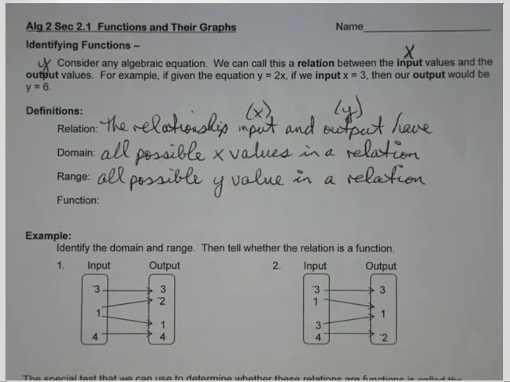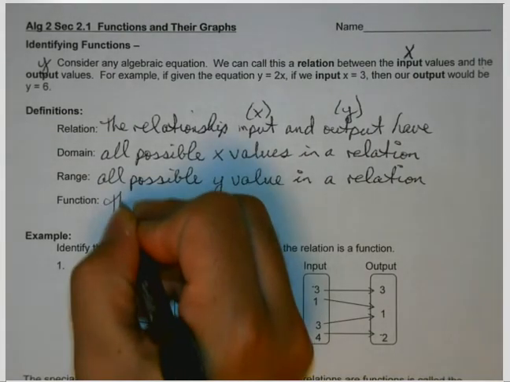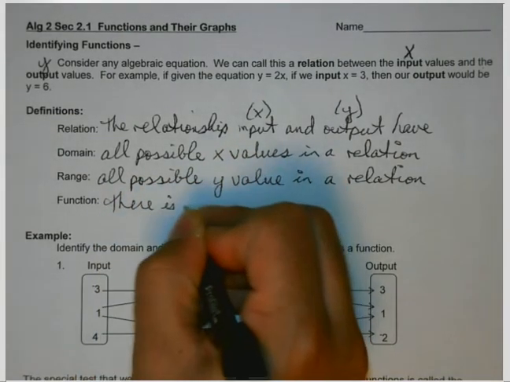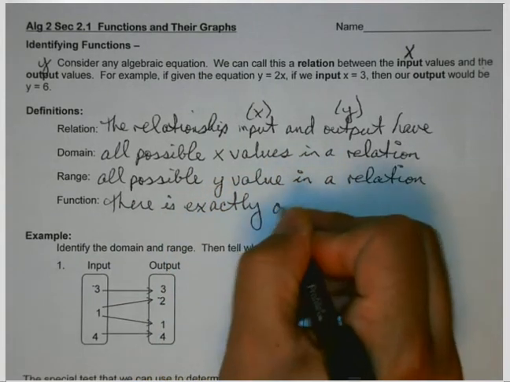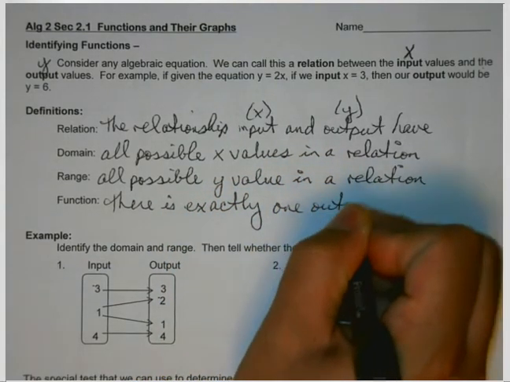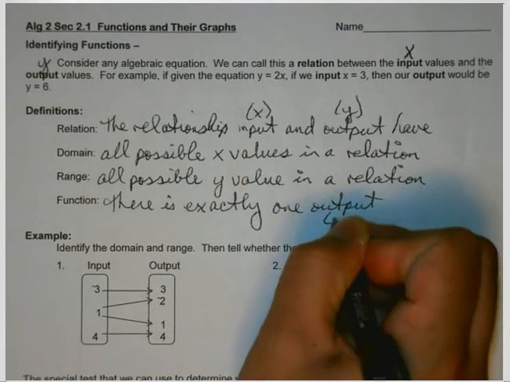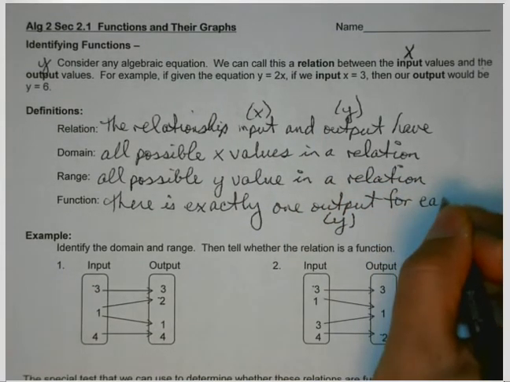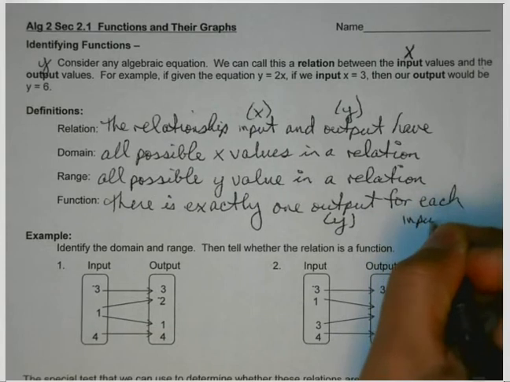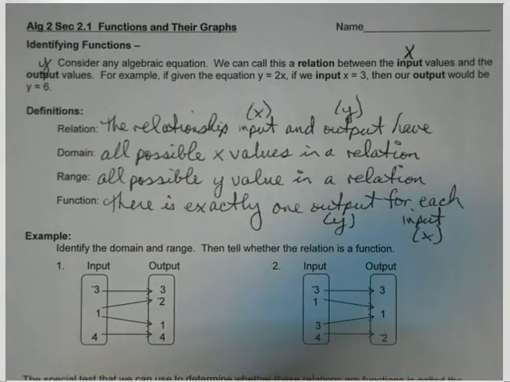And then if the relation is a function, which is what we're going to be talking about being able to identify today, in that case, there's going to be exactly one output, one y value for each input, each x value, one for one.